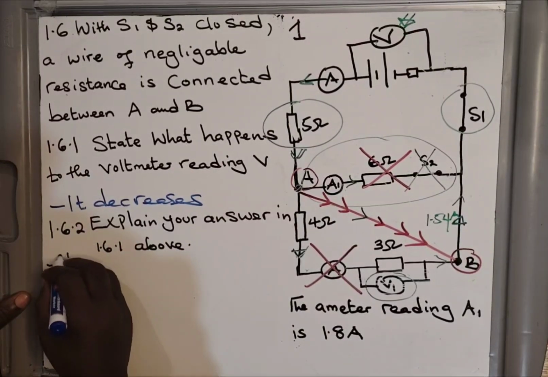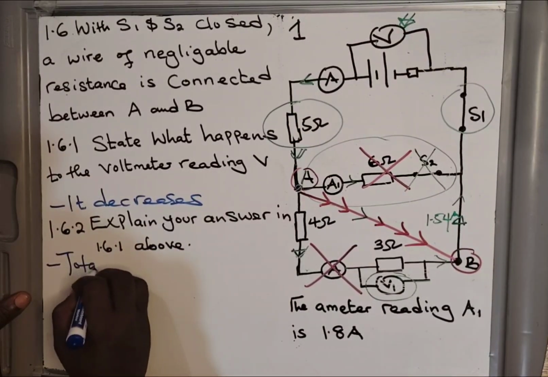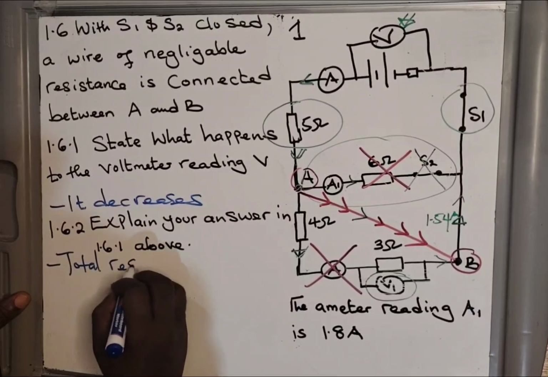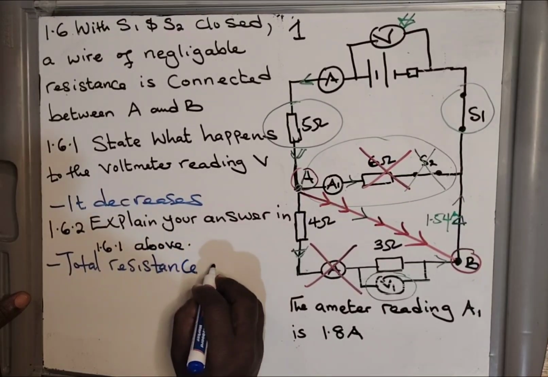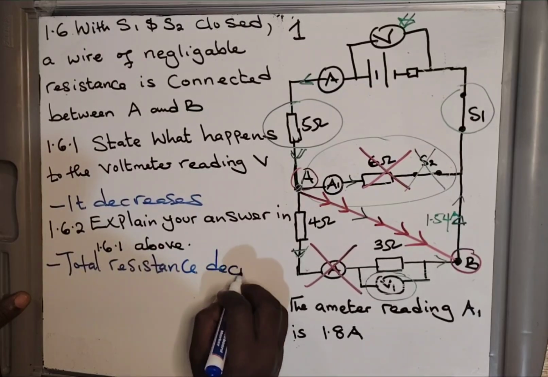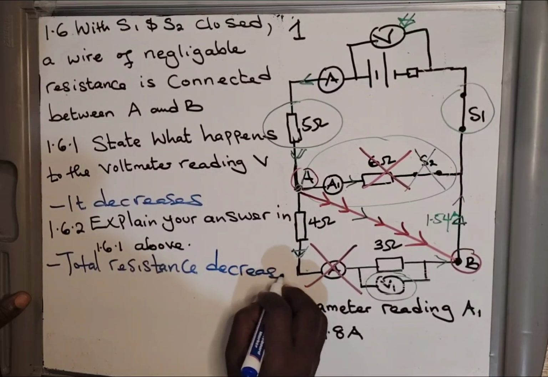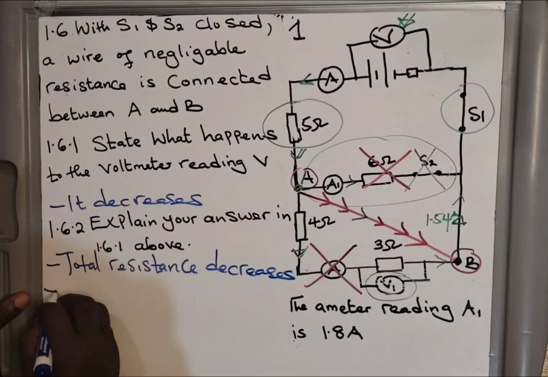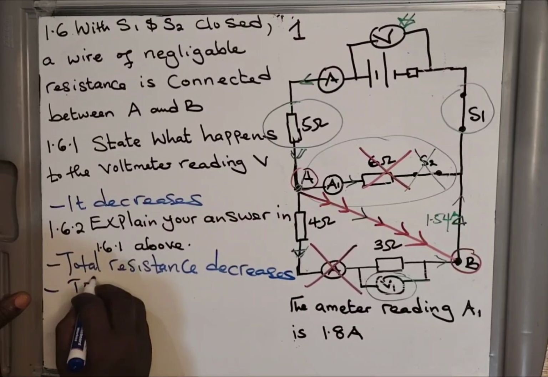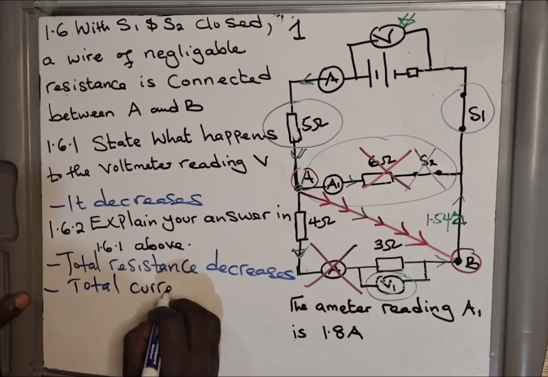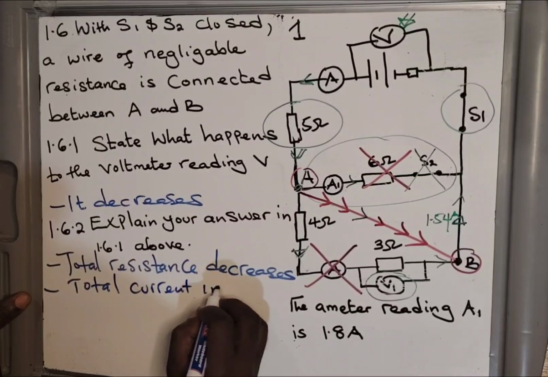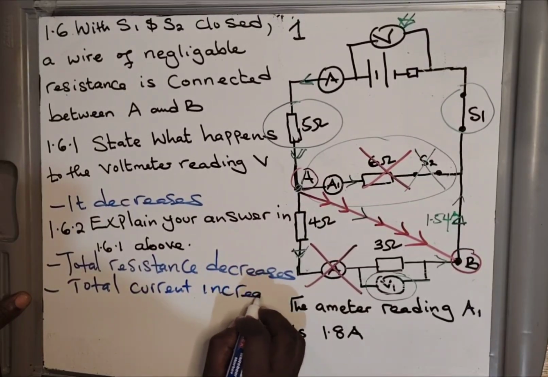You say total resistance decreases. Then what do you say? Total current increases. These move in opposite directions.